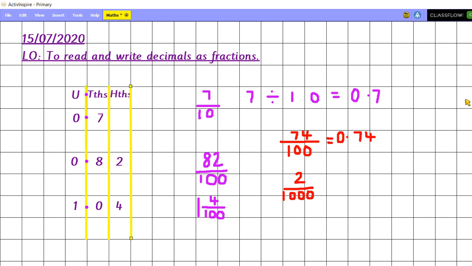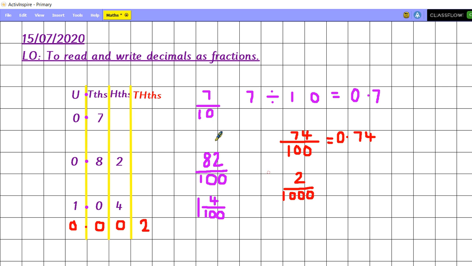And after my hundredths comes my thousandths. So that's my thousandths column here after my hundredths. So because I've got 2 thousandths, then my 2 would go here in my thousandths column. I don't have any hundredths, and I don't have any tenths, okay? Let's not forget our decimal point on that line, and I don't have any units.